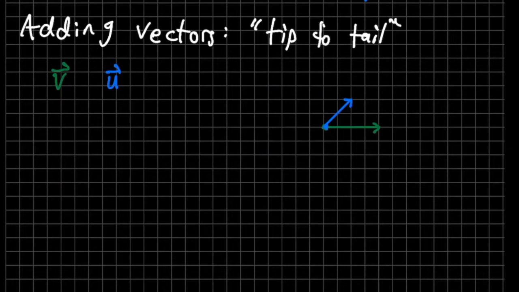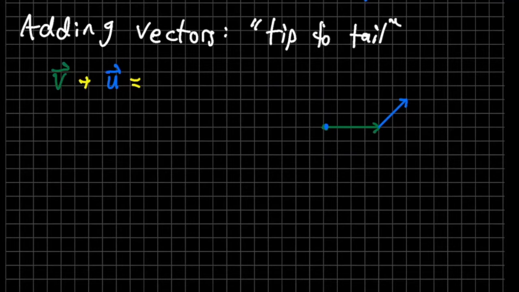Then in order to add v and u, what we need to do is take one of our vectors and move it so that the tail of that vector is now at the tip of the first vector.